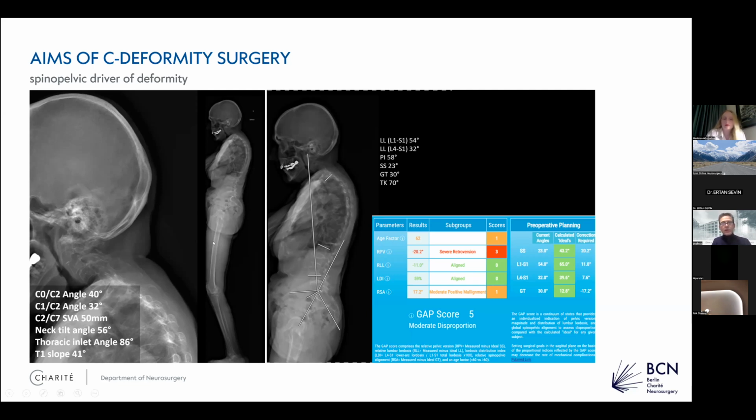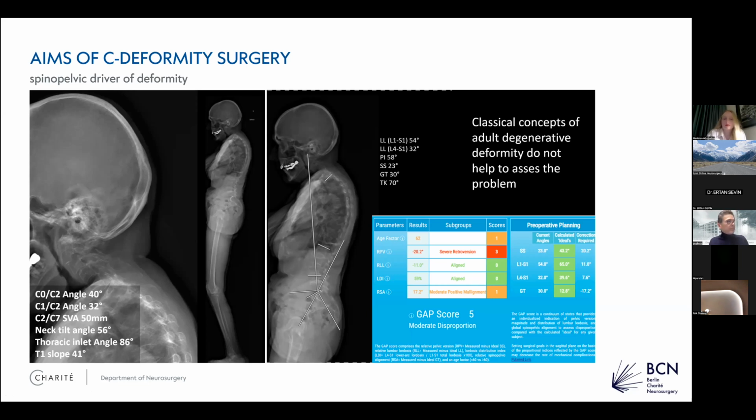But if you look at the whole patient, you will realize that it's a more global problem. The GAP score is pathological, and you can see that the patient is missing some lumbar lordosis. This patient needs a more overall solution, and not only addressing the cervical spine.